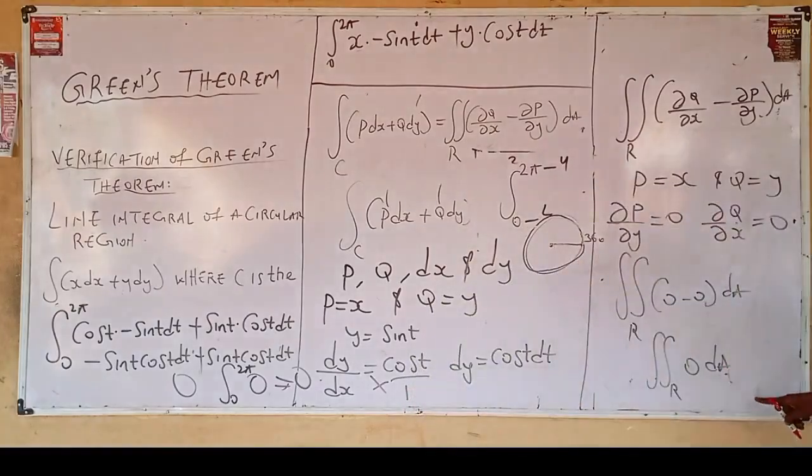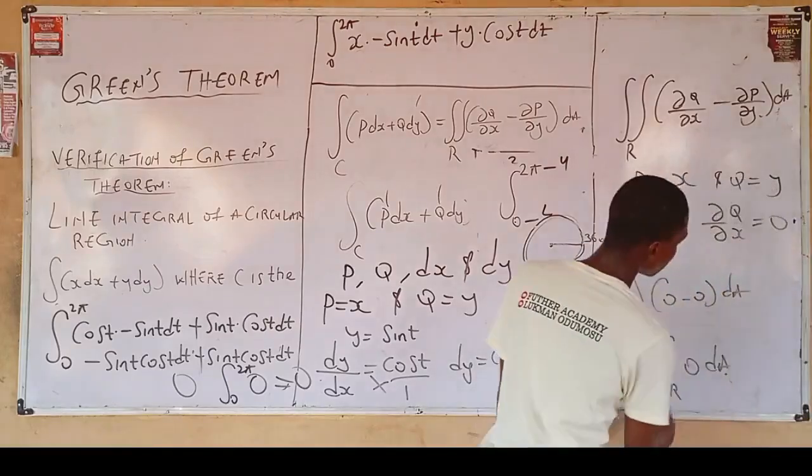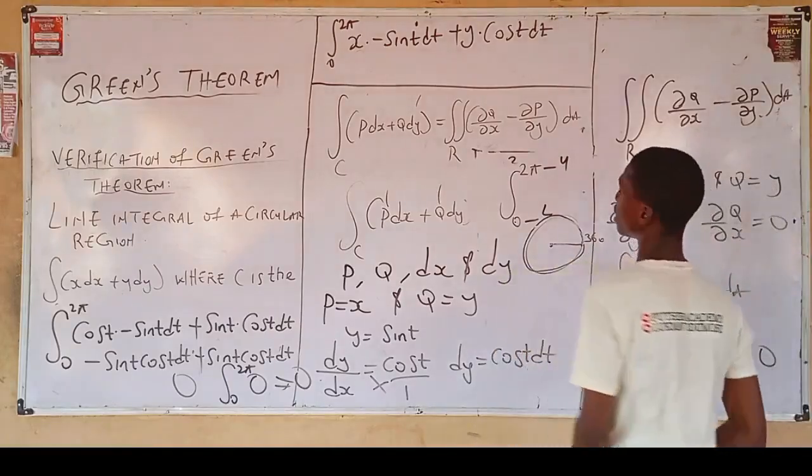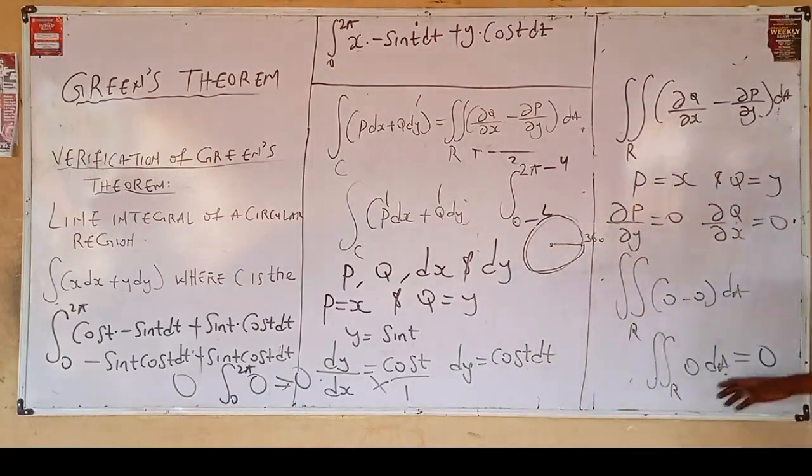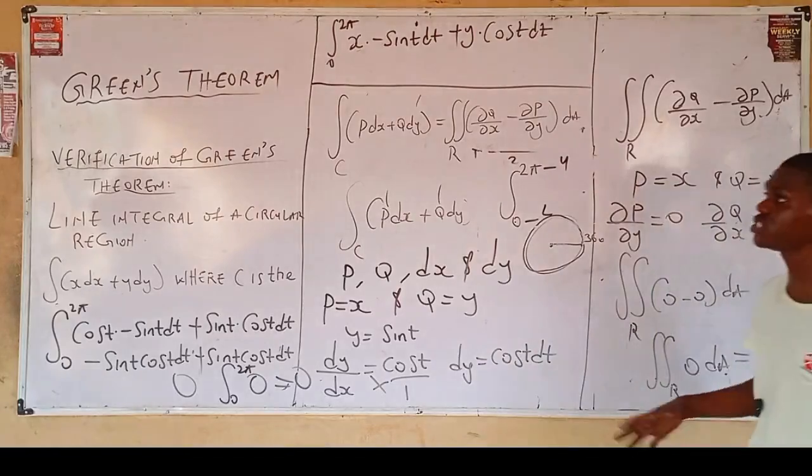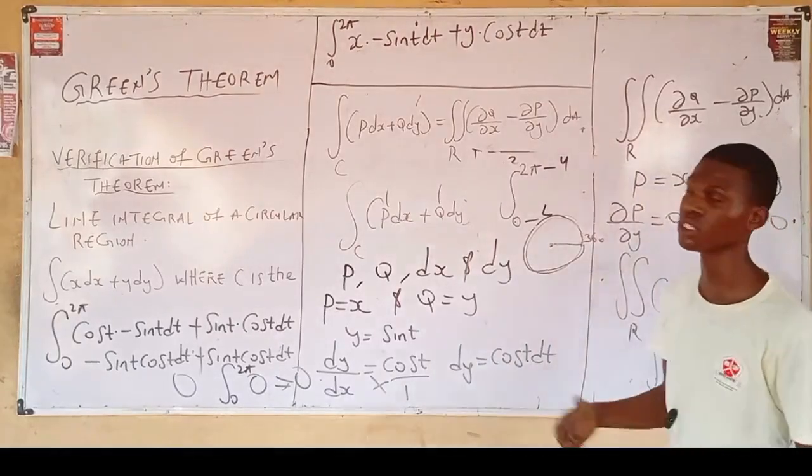By the time you evaluate, you have 0, meaning 0 multiplied by this. So what this means is that Green's theorem is verified.